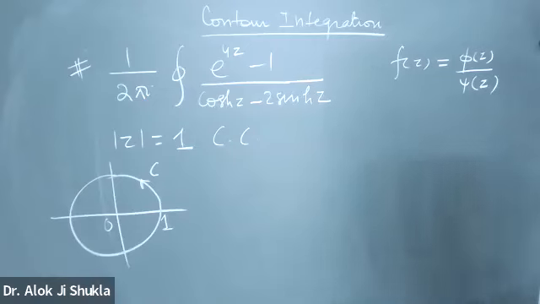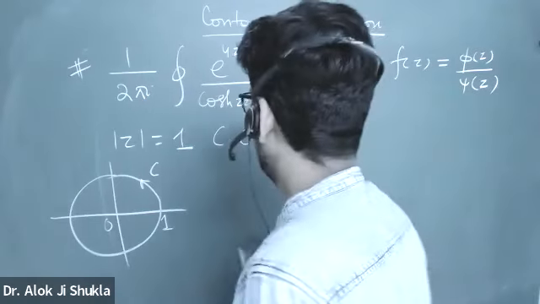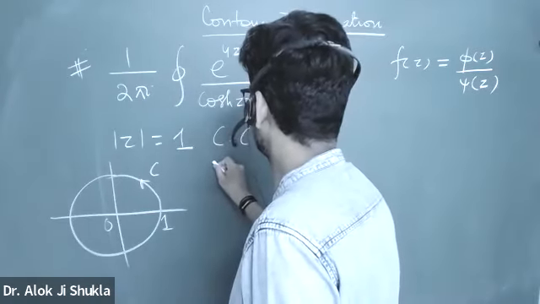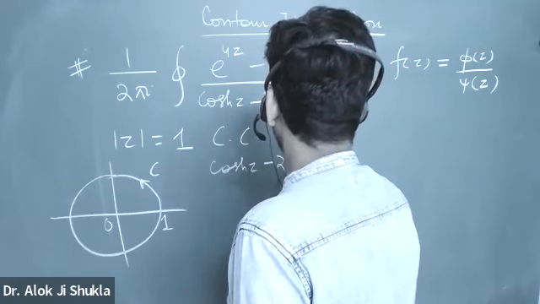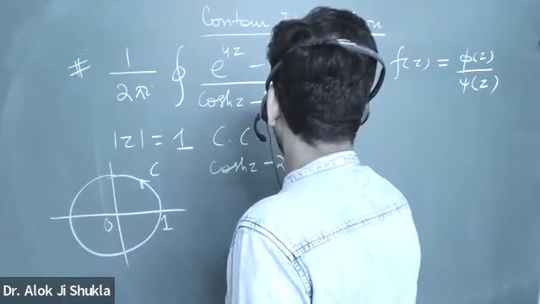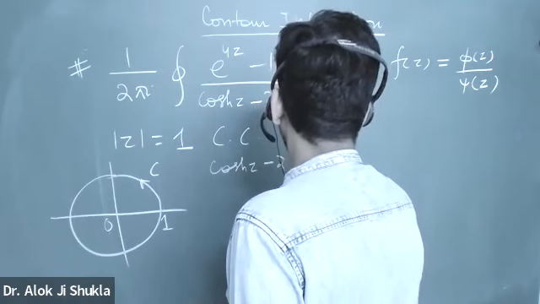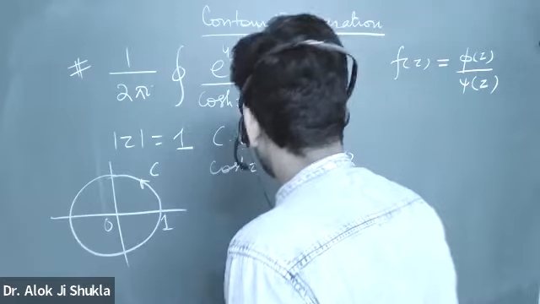Now the contour is this, and for poles, we put cos hyperbolic z minus 2 sine hyperbolic z is equal to 0.